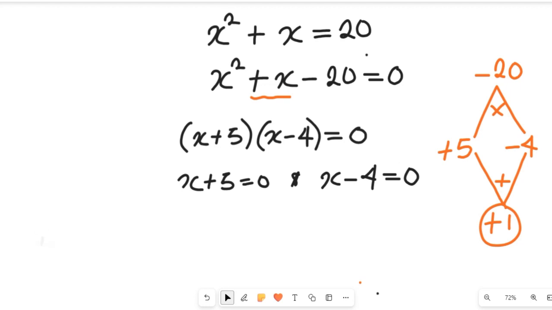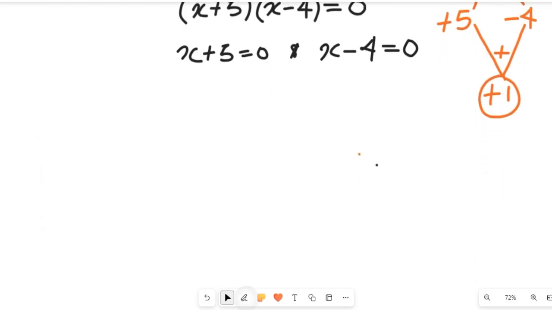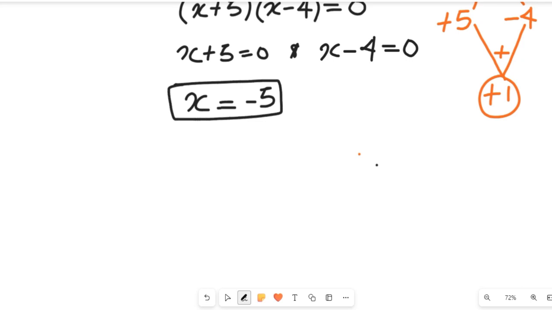Both are solutions. To find the value of x on this side, if we subtract 5 from both sides, x will be equal to negative 5. On the other side, if we add 4 to both sides, x will be equal to 4.